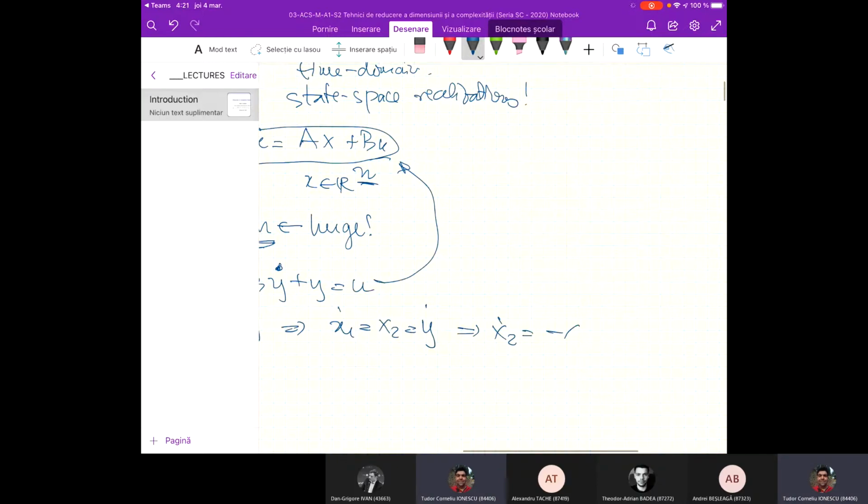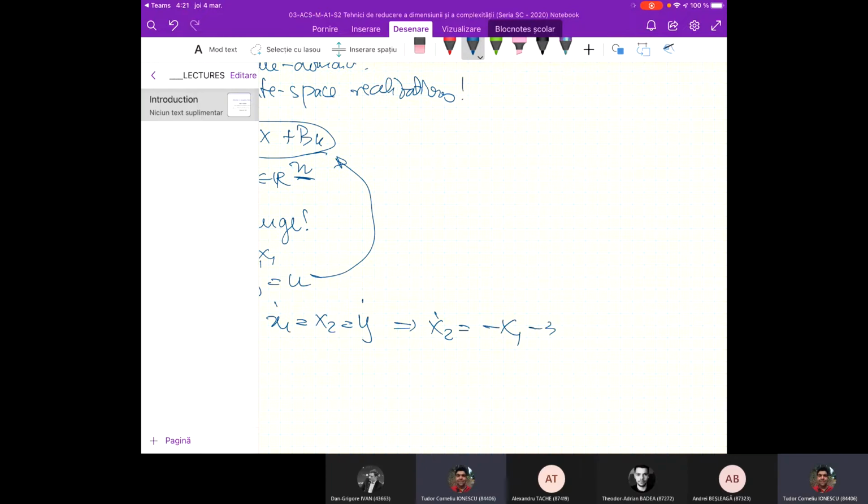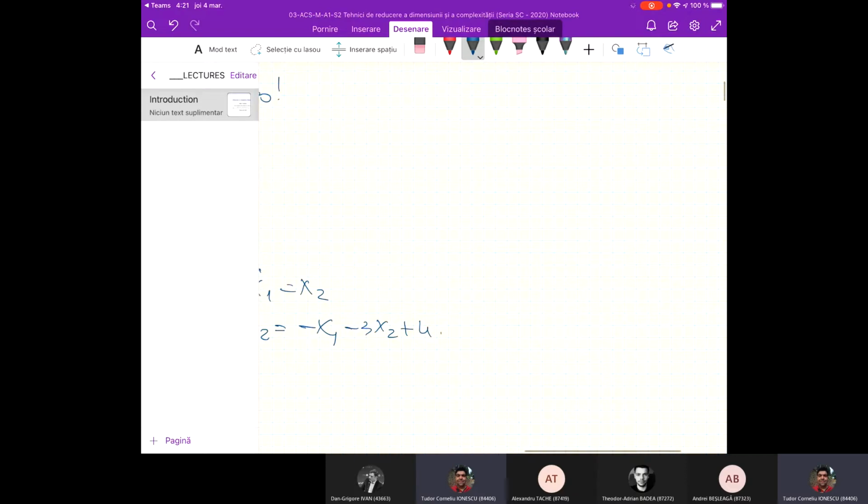It's minus x1, which is y, minus 3x2 plus u, and you get a system of equations, okay? x1 dot is x2. And then you can easily rewrite this as x1 dot, x2 dot.